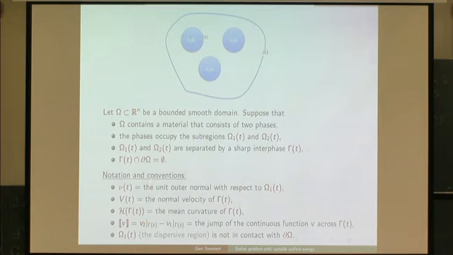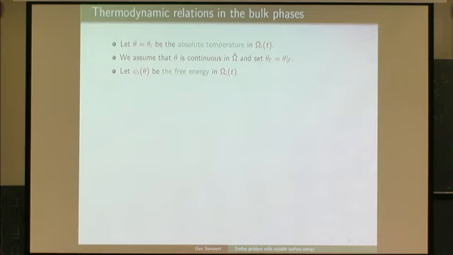So omega 1 would be the dispersed region, and you will see that it's important for my talk that it can have several components, so one or several components. Now what I will do is I will introduce the system variables, and the system variable will be absolute temperature. The absolute temperature is something that I will insist is continuous on omega, or even in the closure.